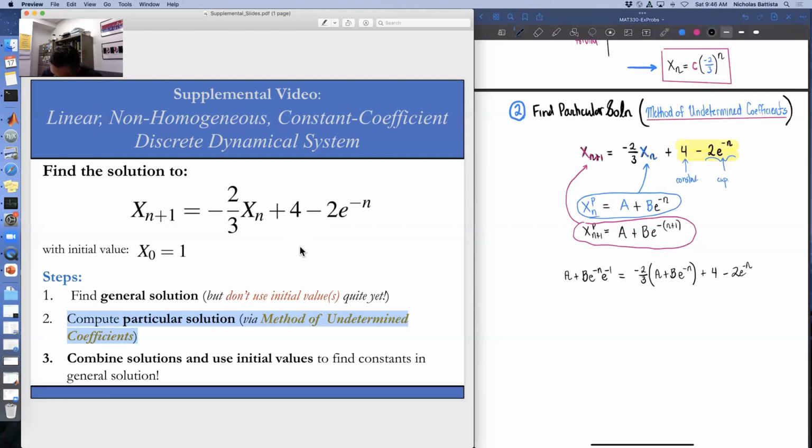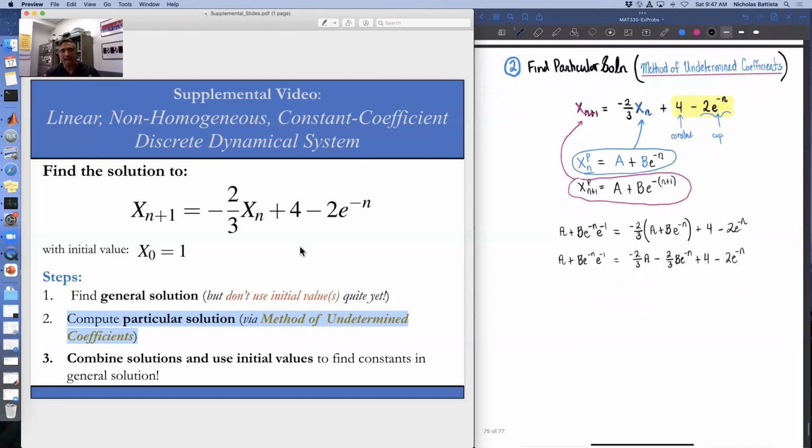Right. So I'm just going to multiply everything out. So we have a plus b e to the minus n times, still, this e to the minus 1. It equals minus 2 over 3 times a, minus 2 over 3 times b e to the minus n, plus 4 minus 2e to the minus n.